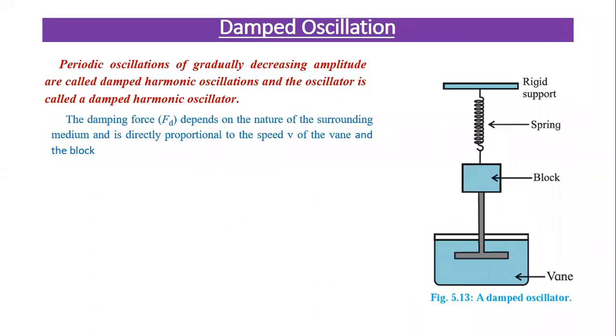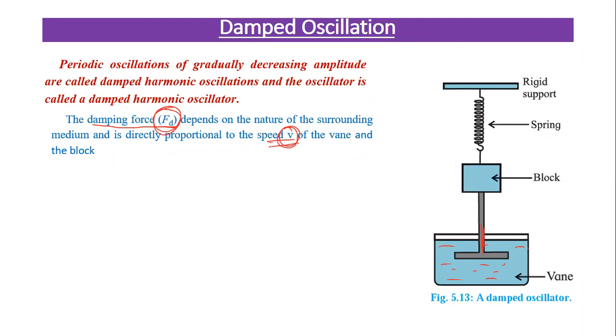Now, if we consider the damping force as Fd, it depends on the nature of the surrounding medium, which means it depends on which type of medium is inside, maybe water or any other liquid, and it is directly proportional to the speed of the vane. The speed of the vane also decides how much the damping force is. So here we can write the relation between damping force and the speed.